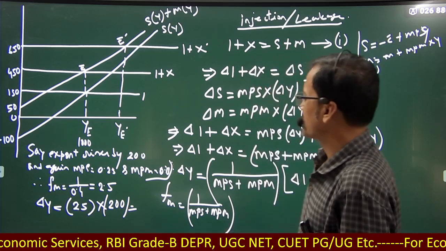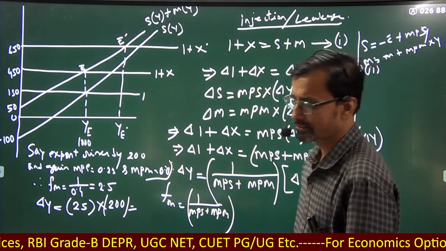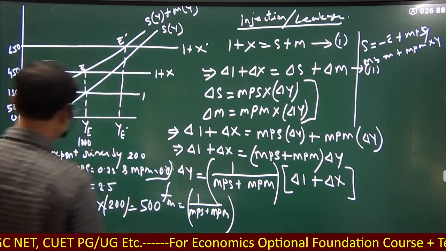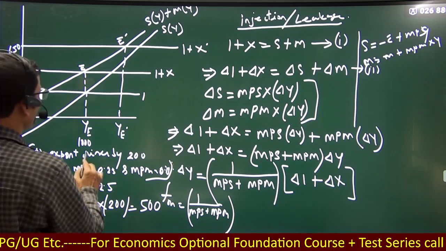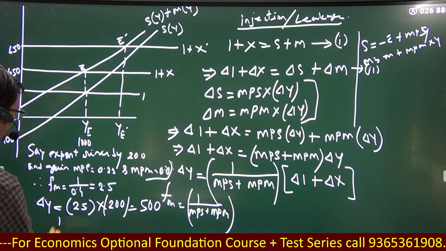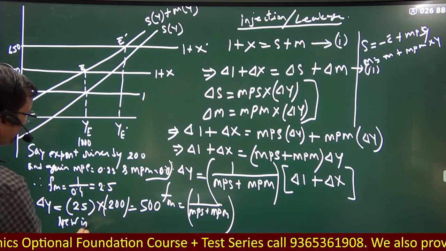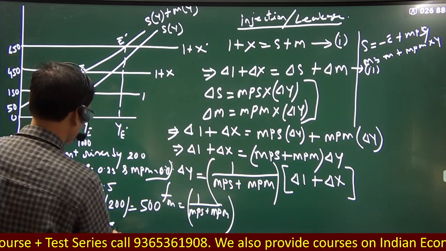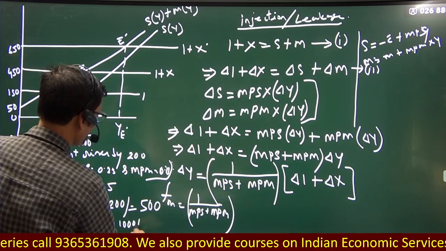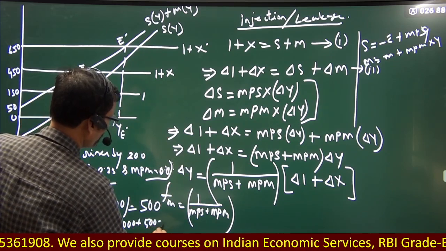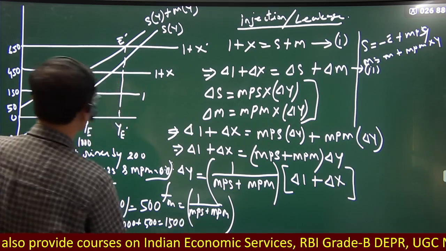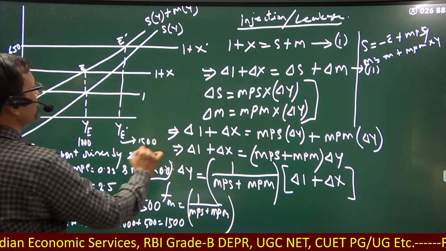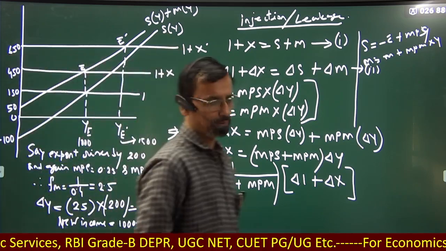Multiplying the increase in export, 200, by 2.5, we get 500. So the new income generated due to the increase in export is 1000 plus 500, which is 1500. Here E dash is the point of 1500 income due to the increase in export.